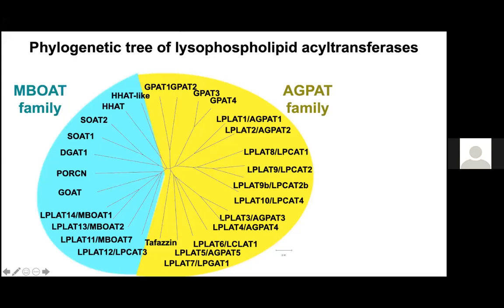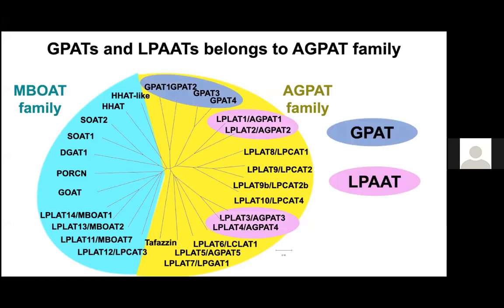This slide shows a phylogenetic tree of acyltransferases. Acyltransferases are the enzymes that transfer fatty acids, and there are about 20 different acyltransferases belonging to either the MBOAT or AGPAT families. 4 GPAT molecules and 4 LPA-AT molecules have been identified.